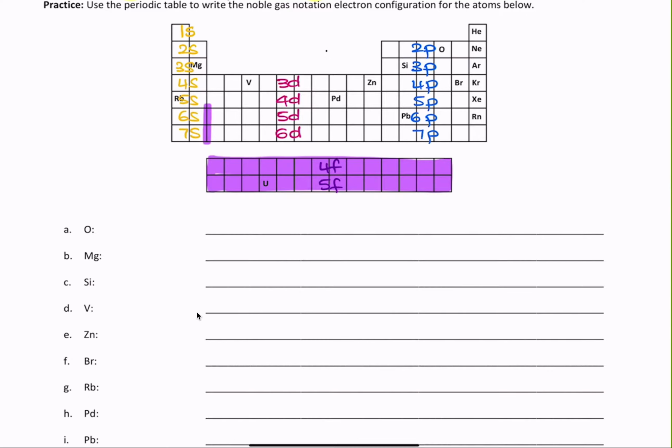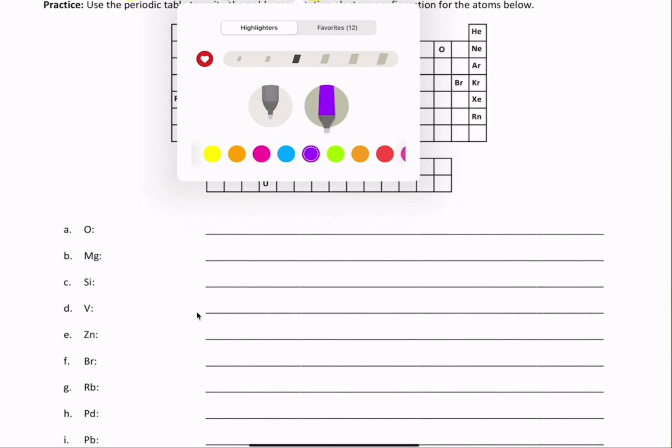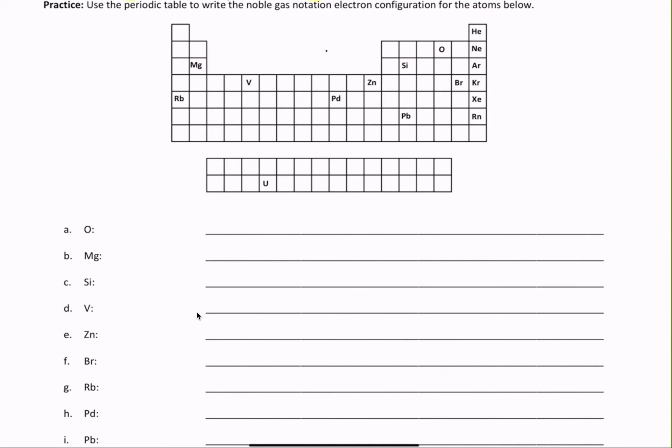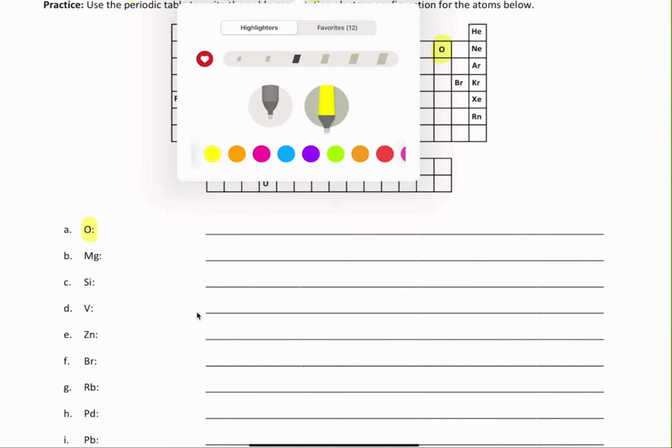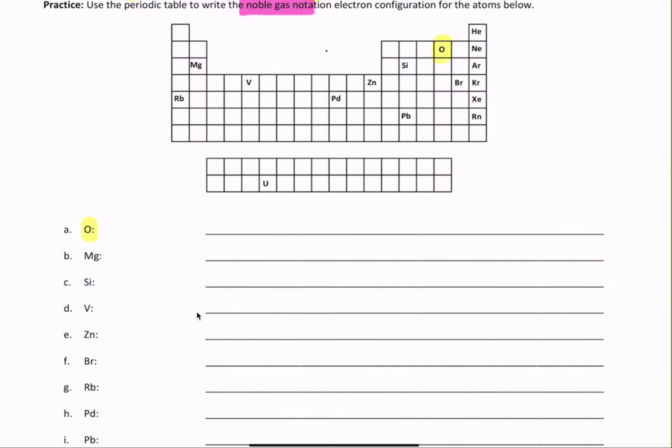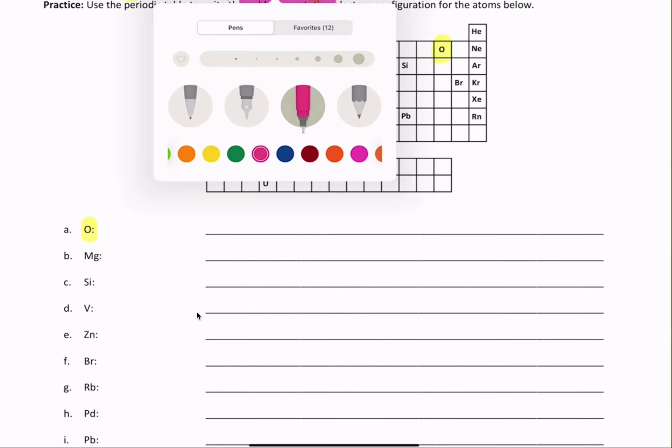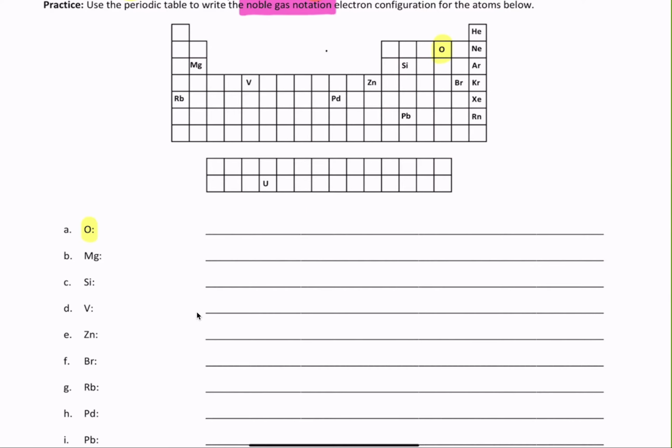So I'm going to get rid of everything that is not useful, because we're going to look at oxygen. We want the noble gas notation. So be careful. Therefore, what you have to do is start reading from the noble gas of the line before.